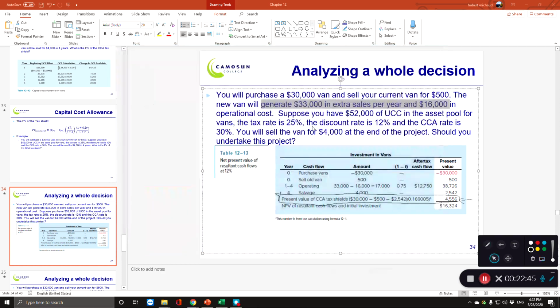Okay, and then finally, the 33,000 minus the 16,000 will be taxable. So I need to calculate this 33,000 minus the 16,000, and then I need to calculate 1 minus T of that, 1 minus the corporate tax rate, because some of it will be taxed.